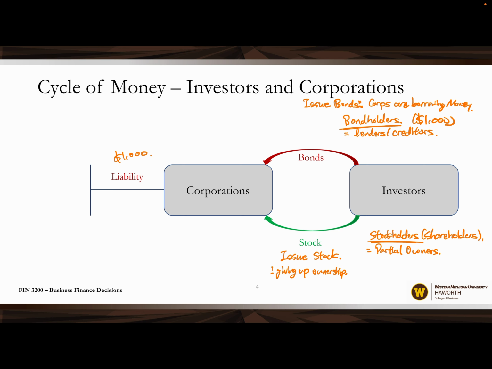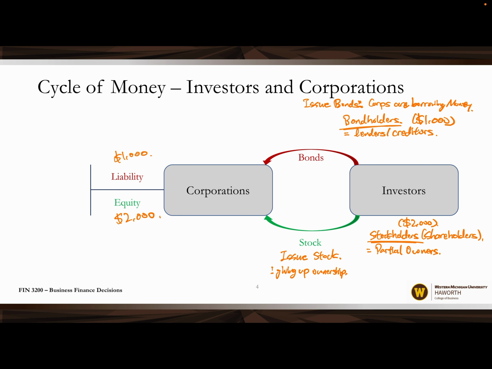They're different classes of investors. They have different goals. Let's say in this example, they issued $2,000 worth of stock, and investors put in $2,000. This $2,000 now gets recorded under the equity side of the balance sheet.